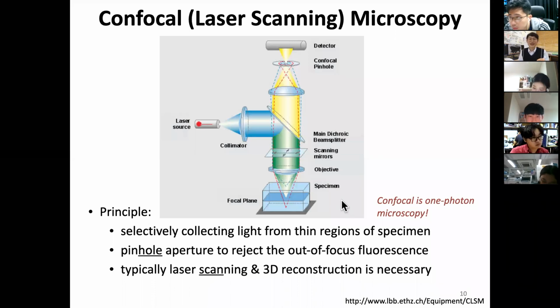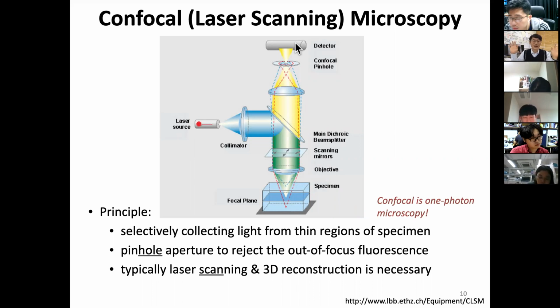So here, what I want to tell you is to look at the detector. This detector is not a camera at all. This detector is just a one-pixel sensor. It's a one-pixel camera, if I may say. Then you only get one point of information at a time. That's why you need scanning, 2D and 3D. And then you have to reconstruct with, let's say, MATLAB, to create the image point by point.